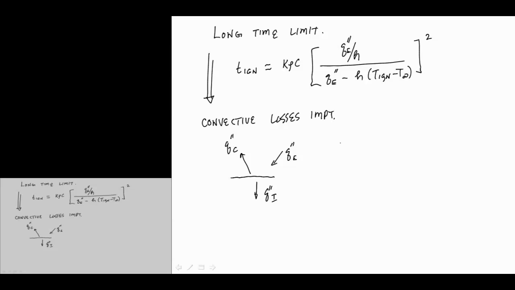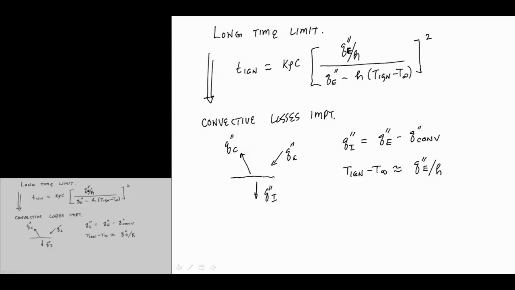So this says that if it's a long time, then the stuff that's useful inside is Q external minus Q convective, and the temperature that's associated with the ignition process looks like Q external over h.